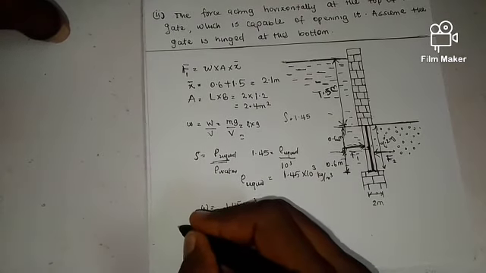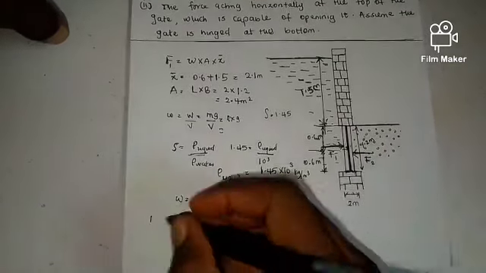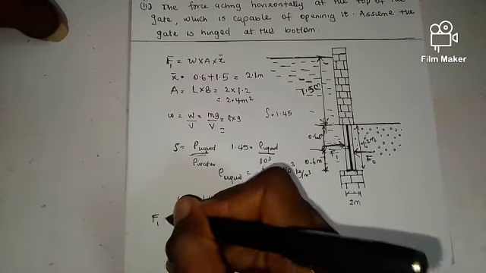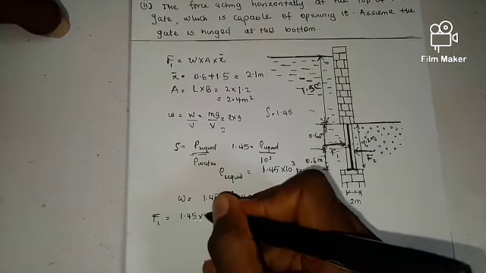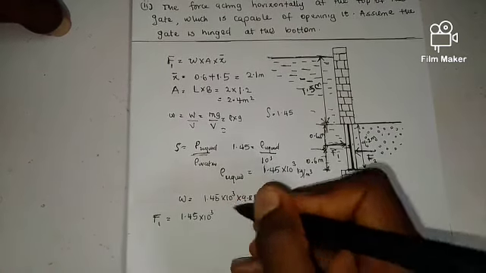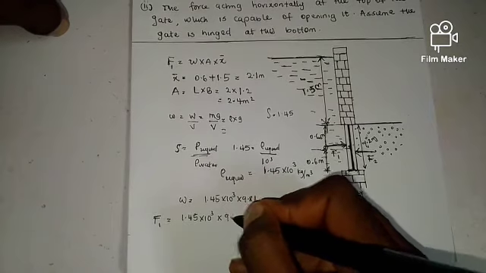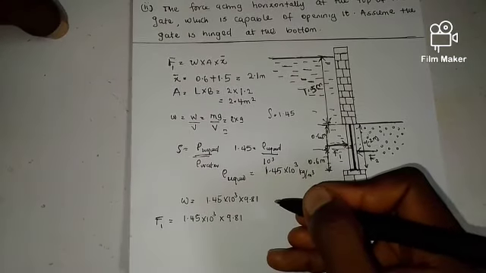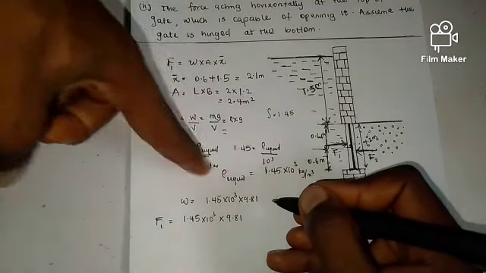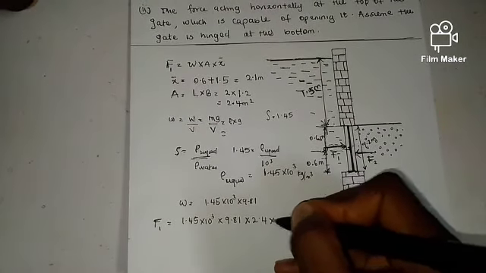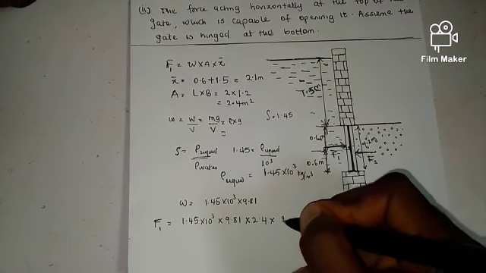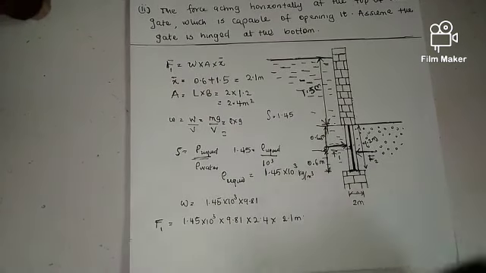Then I can basically say my F1 is equal to my weight density, which is 1.45 times 10 raised to the power 3 times 9.81, right? Then my area, which I calculated as 2.4 meters square, times my depth, which is 2.1 meter, right?